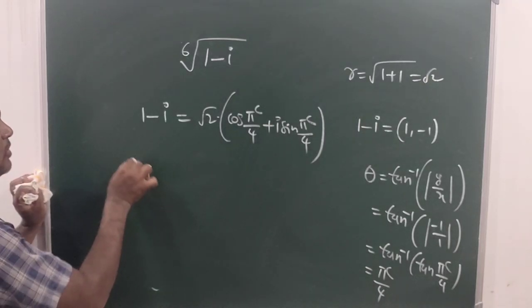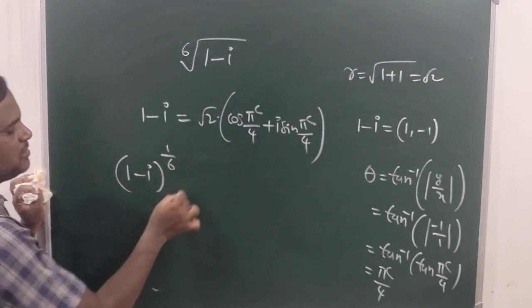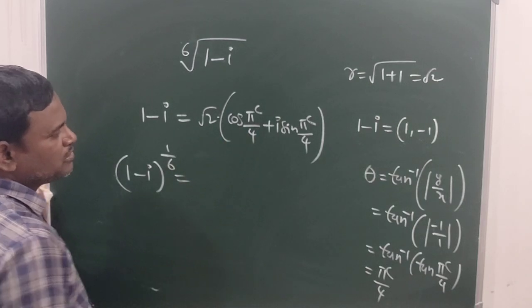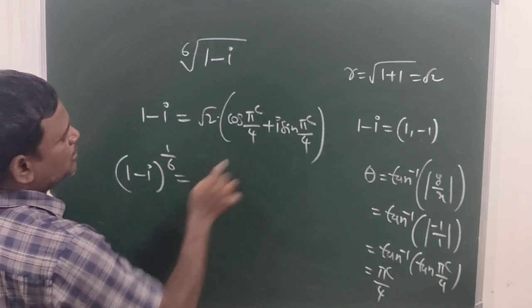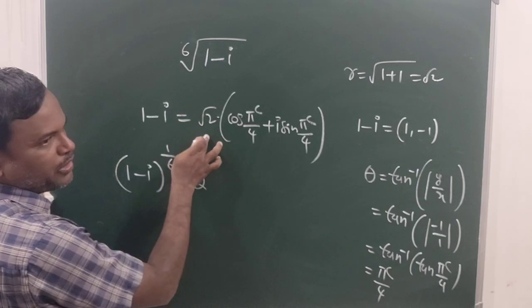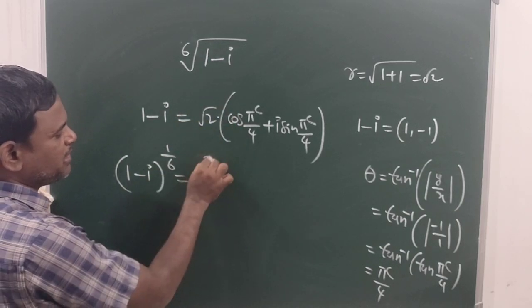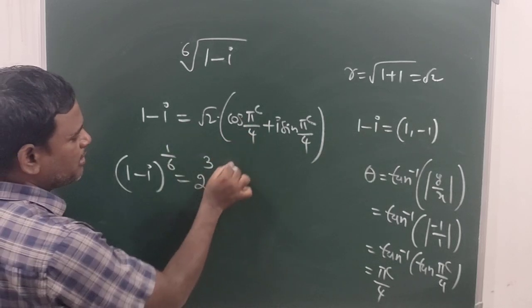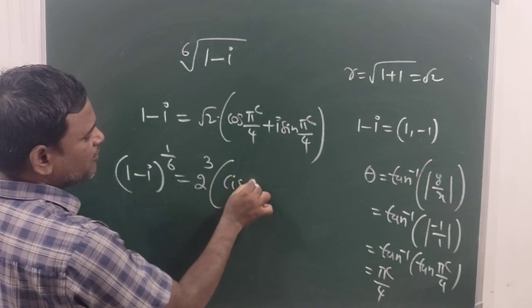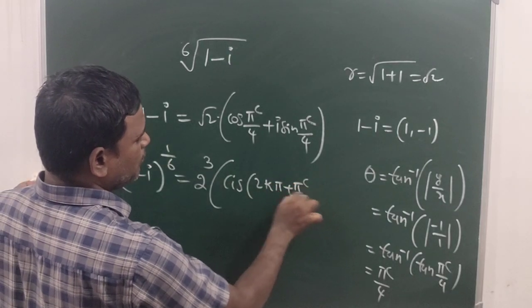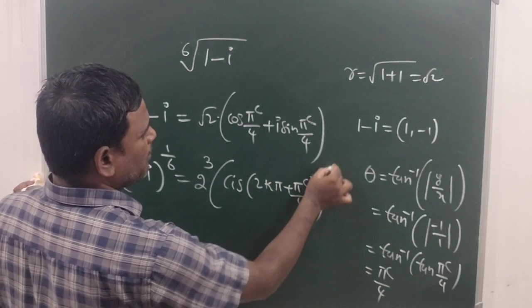Now apply the whole power 1 by 6, sixth root. If you apply that, what do you get, students? Here 2 power, already 1 by 2 is there. If you take sixth root on both sides, this becomes whole cube. And what about this? Cis of 2k pi plus pi radians by 4 whole power 1 by 6.